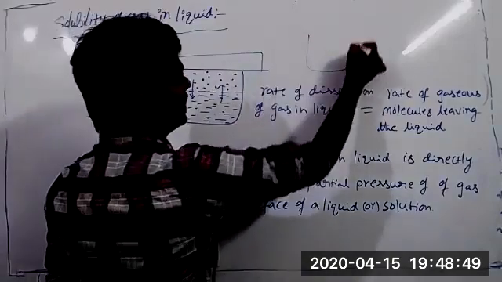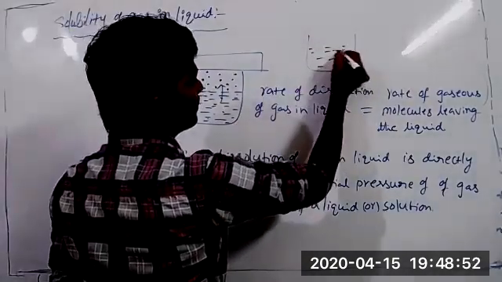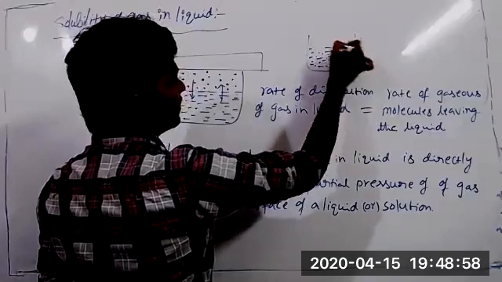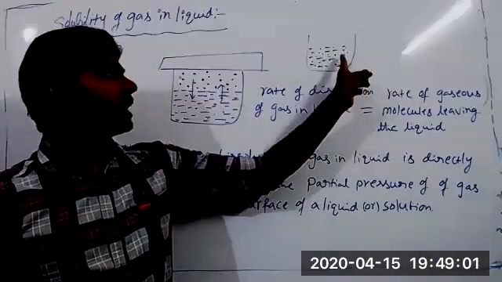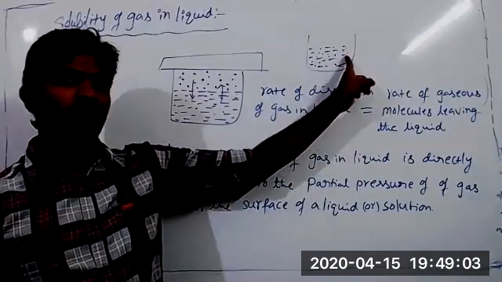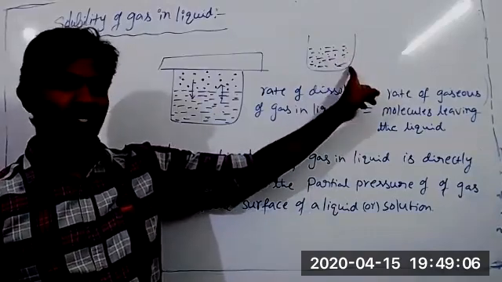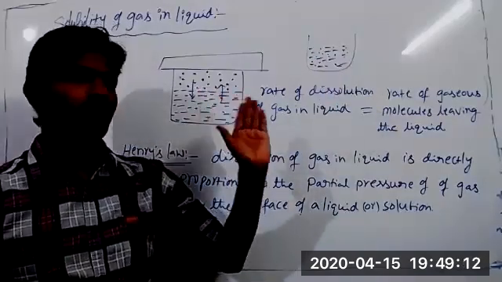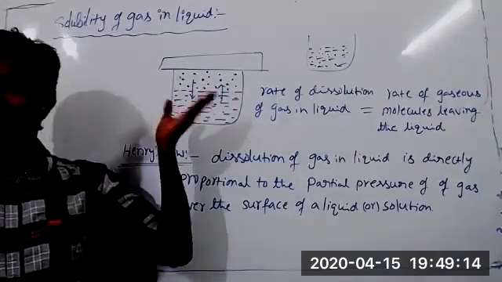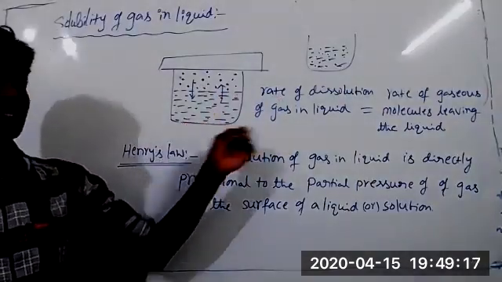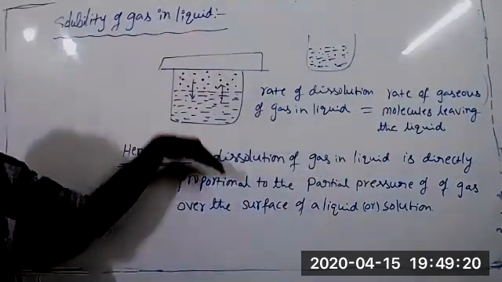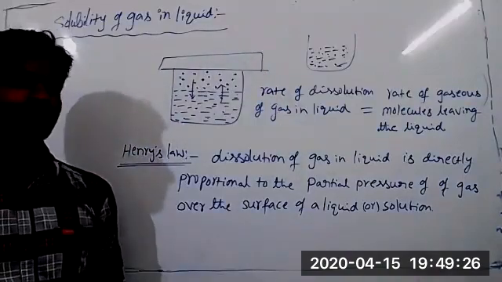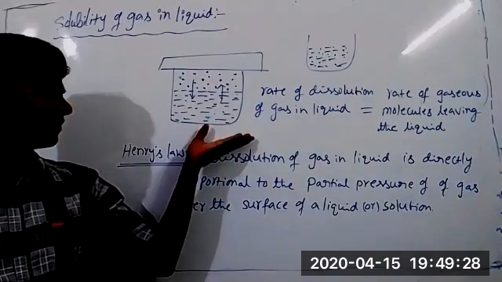We took a saturated solution. Even here, the rate of dissolution of solid solute becomes equal to the rate of crystallization, but there is no change in the concentration of the solution. The process is continuously happening. Some gaseous molecules are going inside the liquid, at the same time some are coming out. Got it? That is dynamic equilibrium.